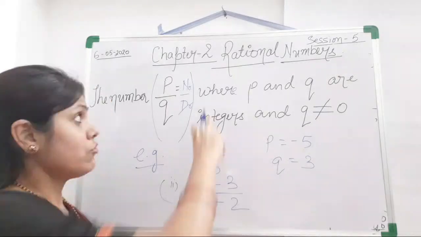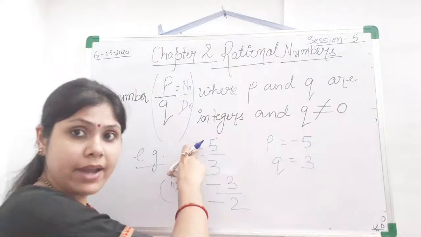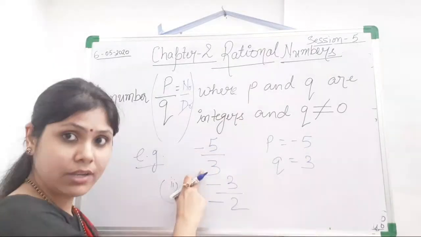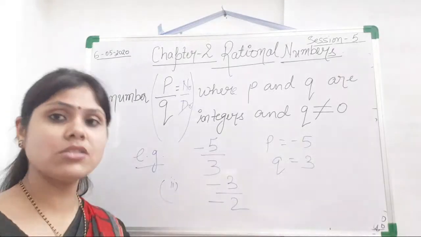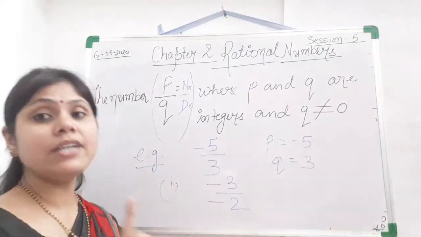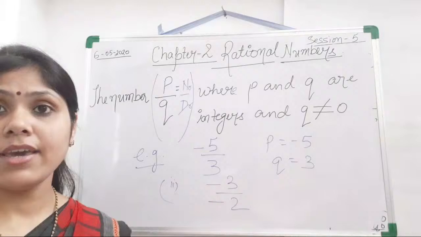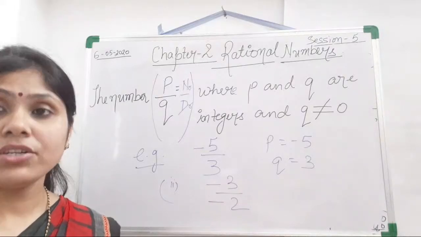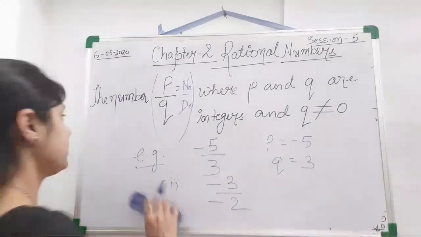Here P and Q should be integers, positive or negative, and the denominator should not be equal to 0, then we will say that this is a rational number. Once again, I am giving you the examples.